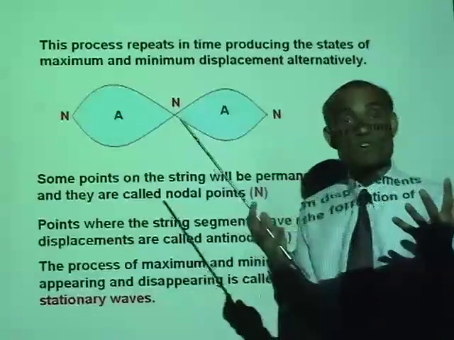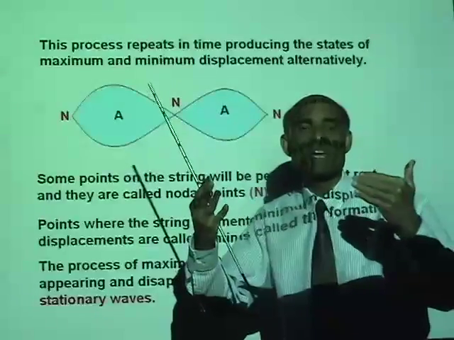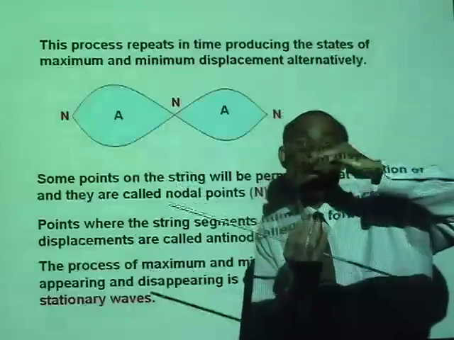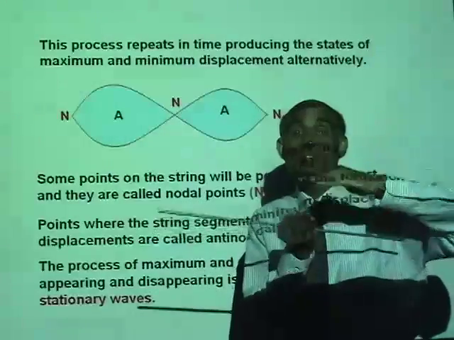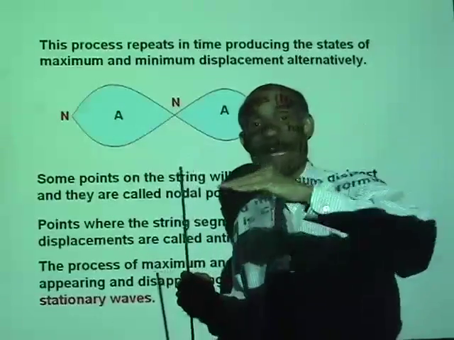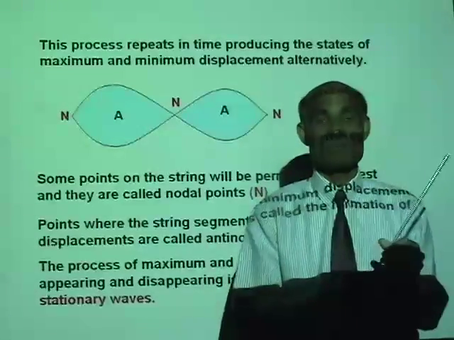So the process of forming stationary waves on a stretched string is due to the formation of maximum and minimum displacements appearing and disappearing due to the interference of the advancing and the reflected wave. Alright?